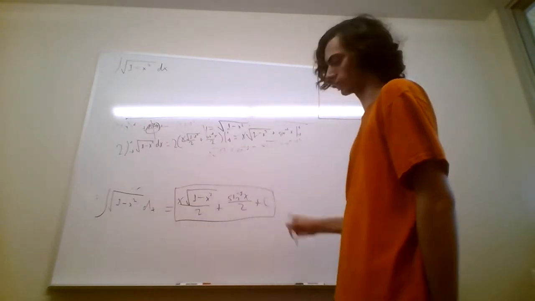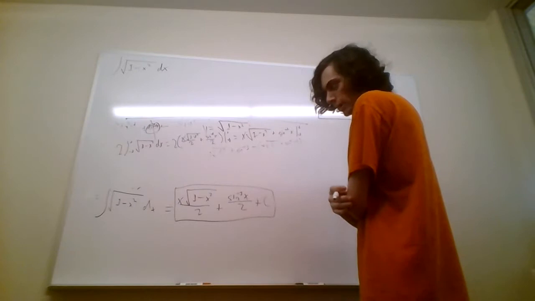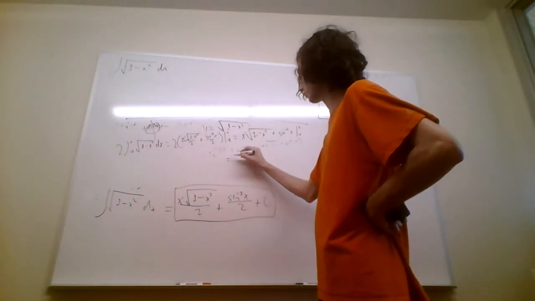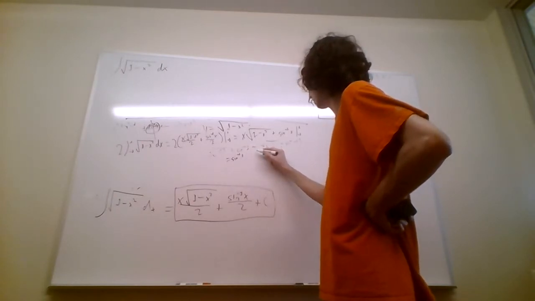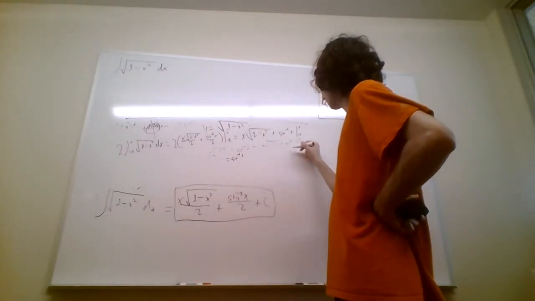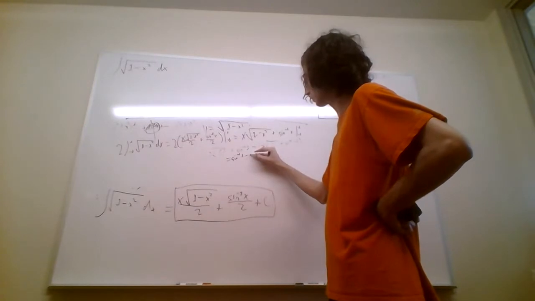So those square roots with those zeros don't matter. So that's equal to inverse sine of 1 minus inverse sine of -1.